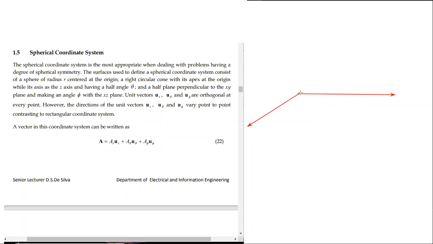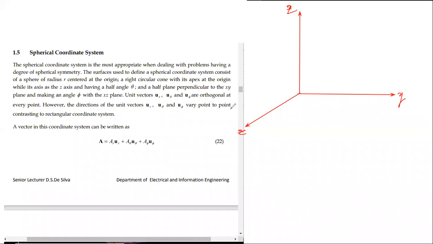Just assume these are the x, y, z axes. This is a very familiar thing for you. Here we can locate any point by using the spherical coordinate system. I will explain how to do that.